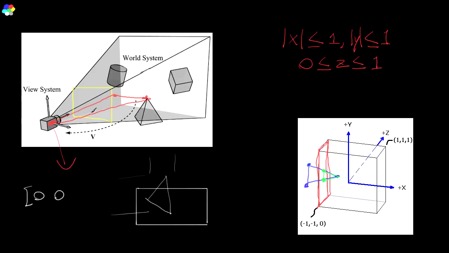Z is on the wrong side of the near plane, so it's going to be some negative value, we'll say negative beta. But W is going to be equal to 0, right? Because W is just captured from Z. And then when you do your perspective divide, you're going to divide by 0, and your pipeline is going to shit the bed.